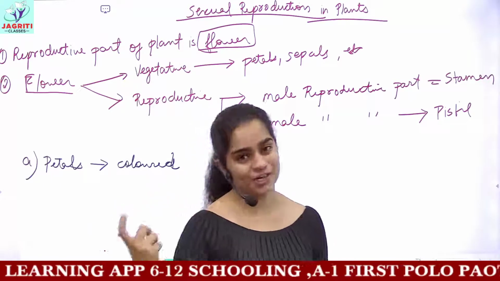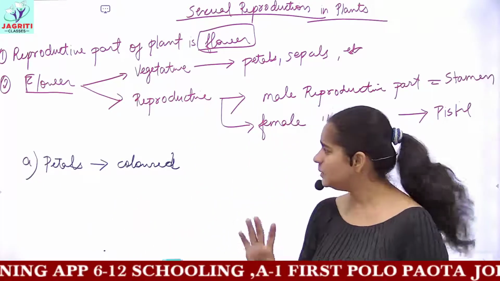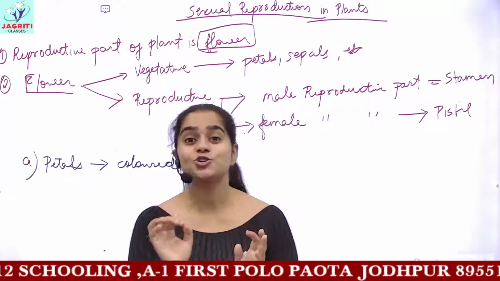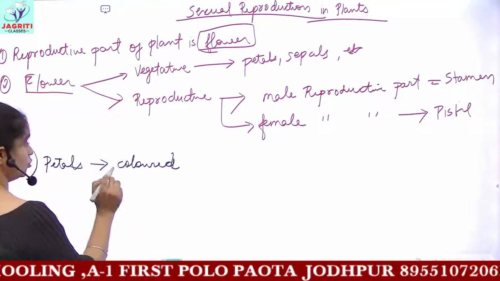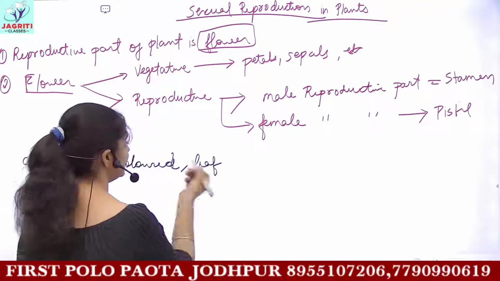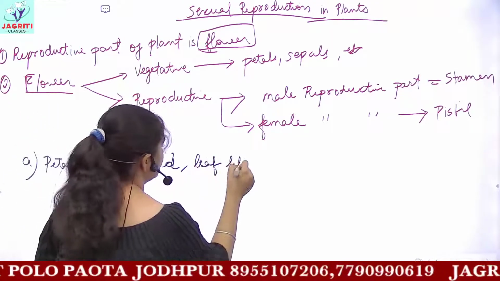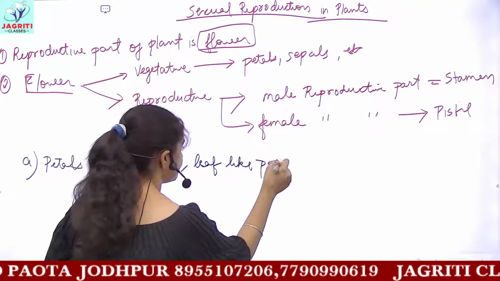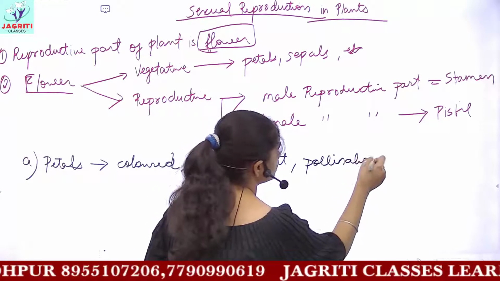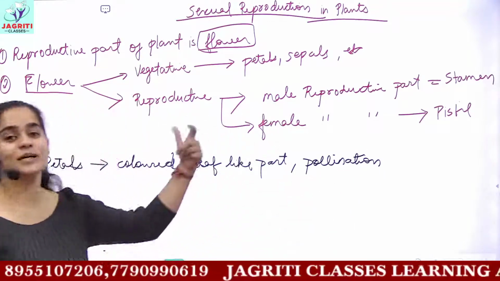For pollination, for the process of pollination. We will be discussing the process, but I hope you know from your junior classes, at least you should have an idea. So the petals are the colored part of the flower. You can say these are the leaves of the flower, and they are responsible for pollination, to attract the insects towards the flower.